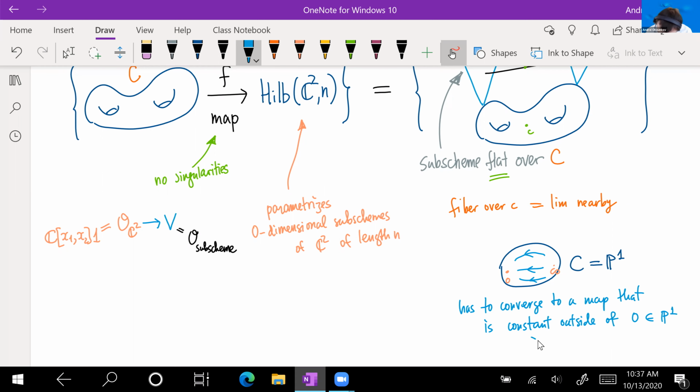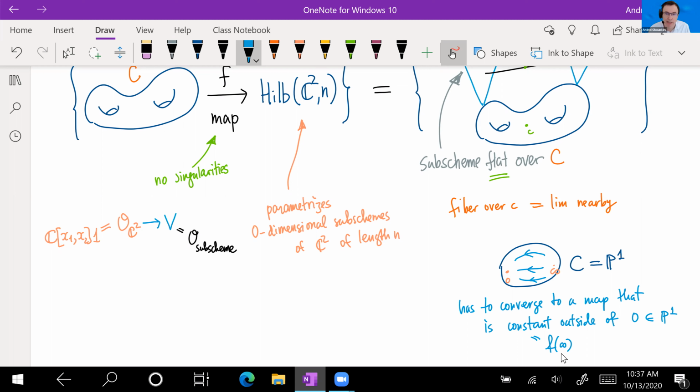That constant is whatever that map was taken at infinity. And so clearly this cannot be flat. This means for me, the whole geometry is gone to one point, and that point is not a limit of the generic point. And so now we already discussed how we're planning to deal with this.